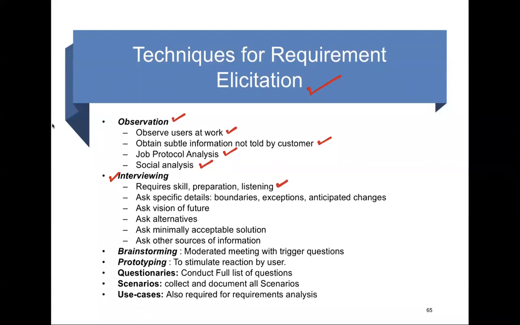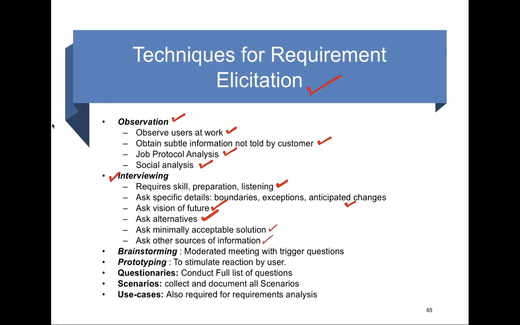You need to ask specific details related to boundary, exception, and anticipating changes. You will need to collect information about the vision of the future, what kind of alternatives might be available, what is the minimum acceptable solution, and other sources of information that might be needed.